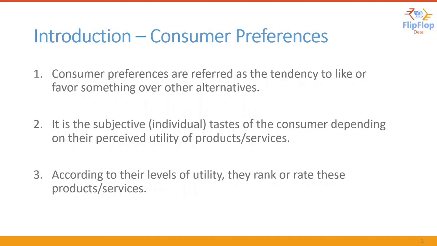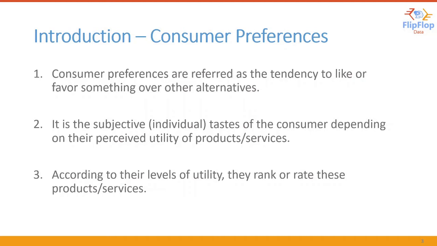So the same is mentioned here in points 1 and 2, which say the tendency of consumers to like or favor something over other alternatives depending on the perceived utility of products or services. And point 3 talks about consumers rating or ranking these products according to their levels of perceived utility.